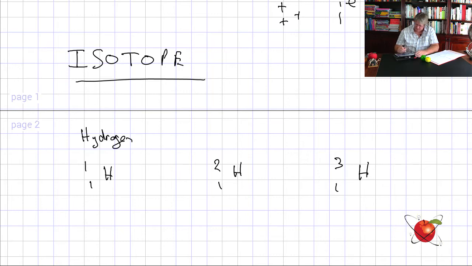Now, this one here is called deuterium, and this one's called tritium. Let me get my spelling right. We said at the bottom, this one here was the number of protons and electrons.